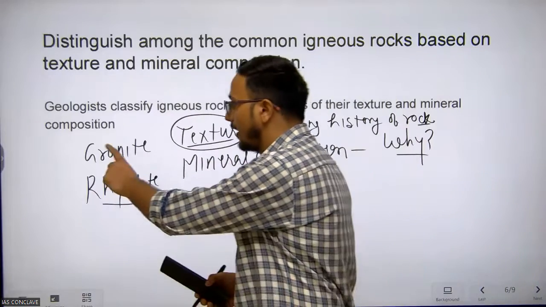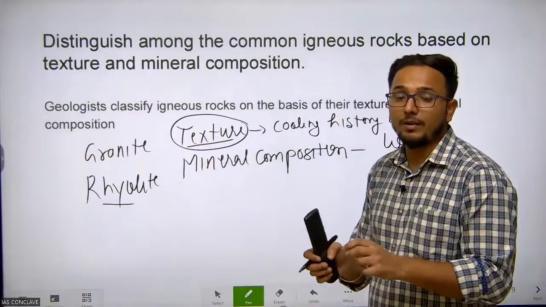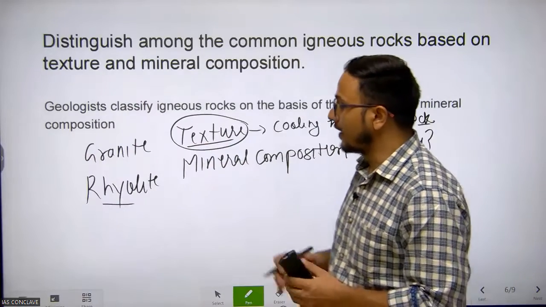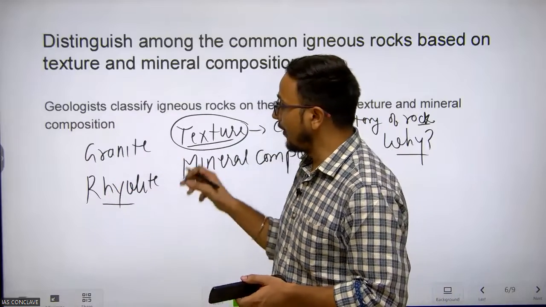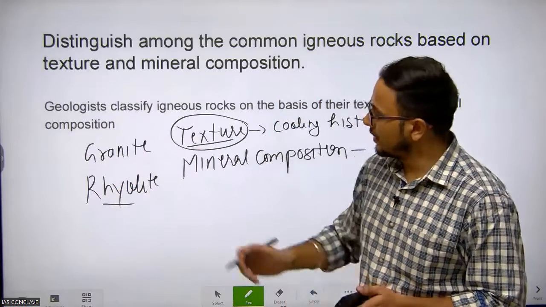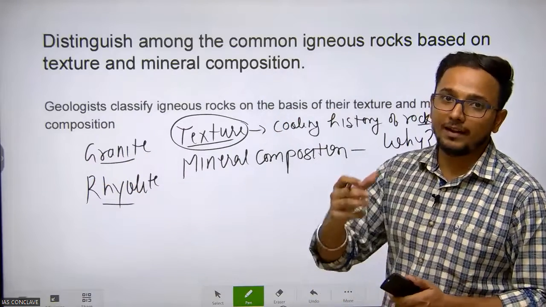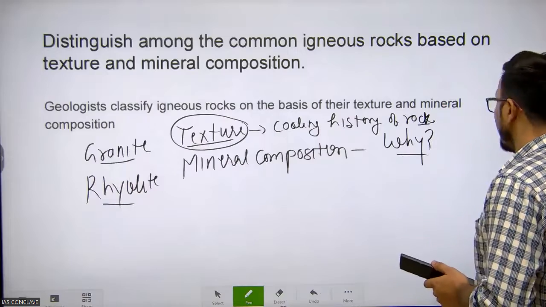That means they have different cooling histories. Granite cools under very high pressure and temperature conditions beneath the earth, but rhyolite cools and solidifies at the surface. So that's why they have different textures. Granite has a very coarse grain texture and rhyolite has a very fine grain texture, and that's why geologists gave a different name to each.